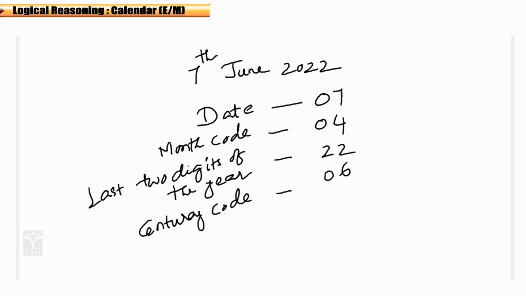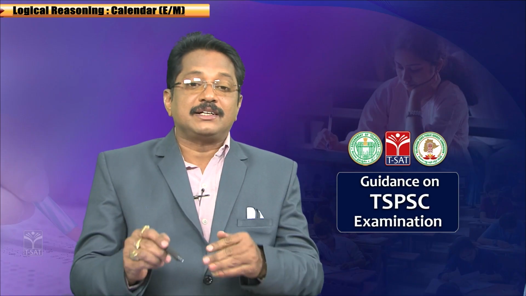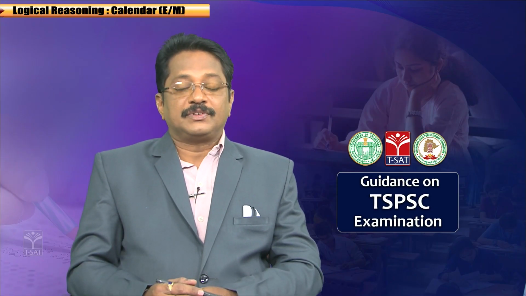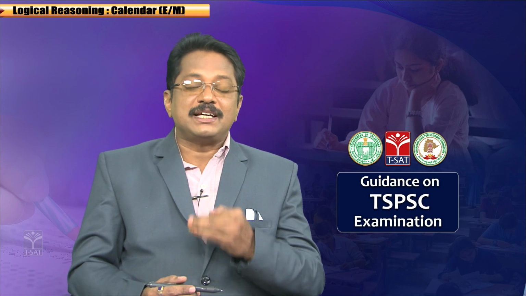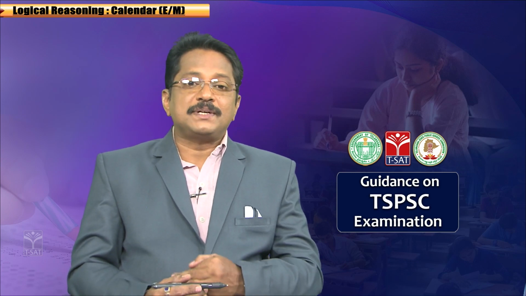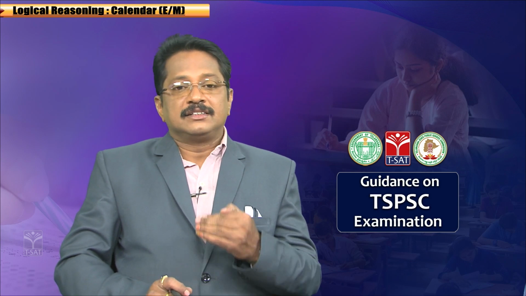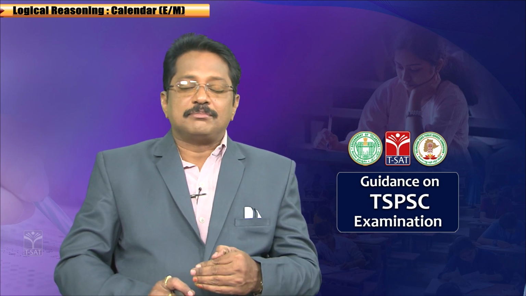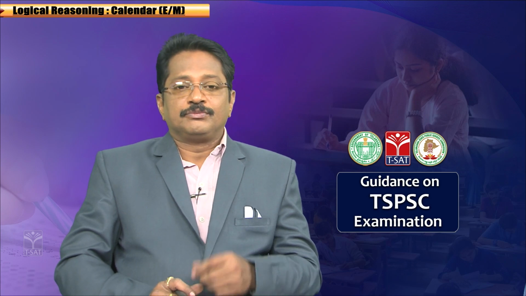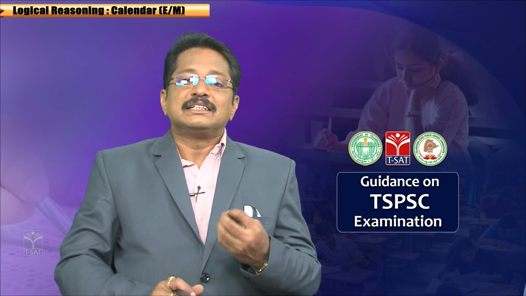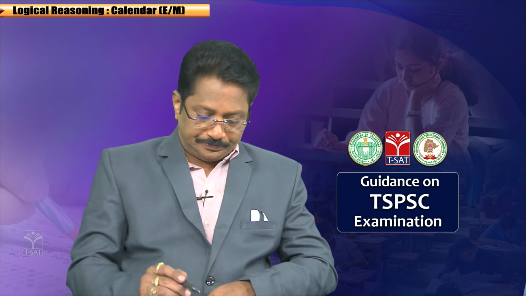And you have to find how many leap years will come for this year number. How to calculate this? Simply divide that year number by 4. The quotient will be considered as the number of leap years.